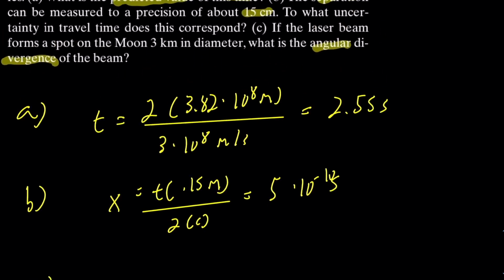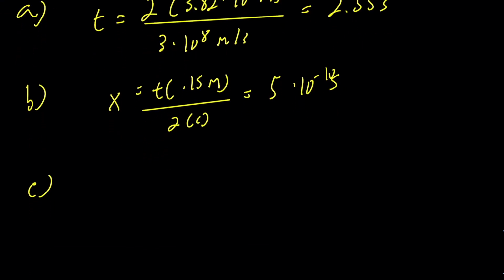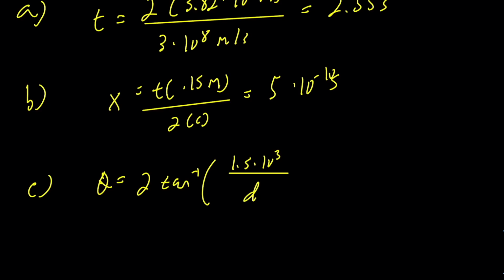And as for angular divergence, we have theta is equal to 2 arctangent of 1.5 times 10 to the third divided by, let's just identify its variable as d.